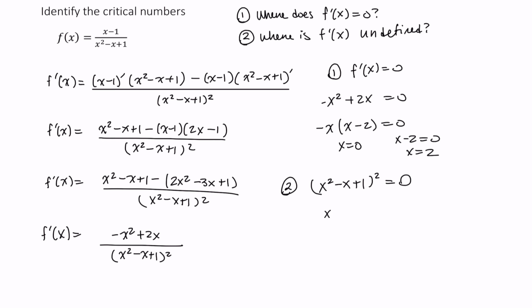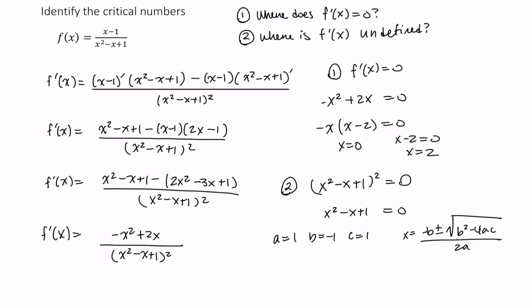Really, this is equivalent to looking at where x squared minus x plus 1 equals 0. And we can look at the quadratic formula here. So for the quadratic formula, a equals 1, b equals negative 1, c equals 1. And of course, remember, x equals negative b plus or minus the square root of b squared minus 4ac divided by 2a.